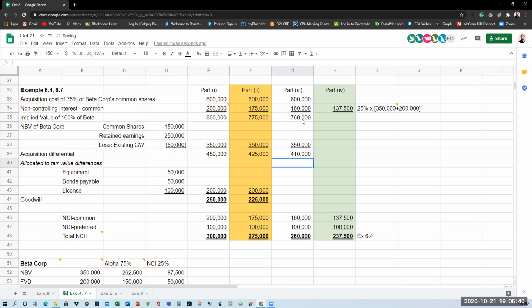So the acquisition differential in part three is 410,000. Then you have fair value differences, which are $200,000. Subtract the fair value differences from the 410, and you get $210,000 goodwill. So notice there's a $15,000 drop for non-controlling interest, and a $15,000 drop in goodwill as well. So goodwill and NCI go hand in hand.